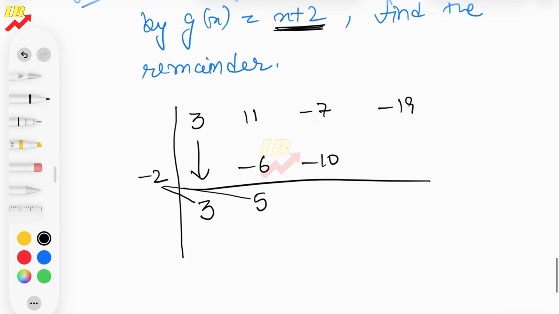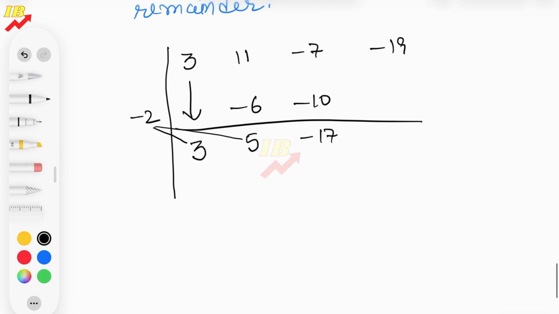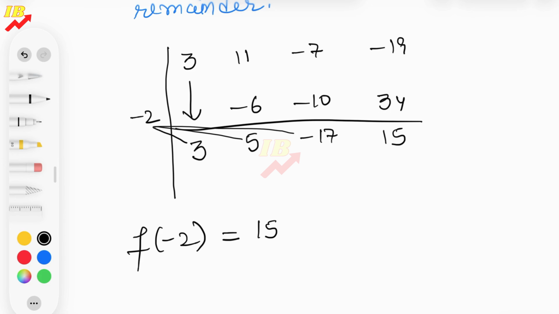That gives negative 7 minus 10, which is negative 17. Then negative 2 multiplied by negative 17 gives you 34. So negative 19 plus 34 will give you 15, right? So that means when you are plugging minus 2 in the given polynomial, you're getting 15 as your remainder.